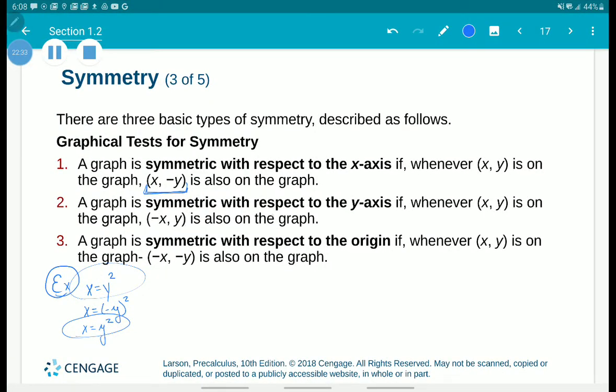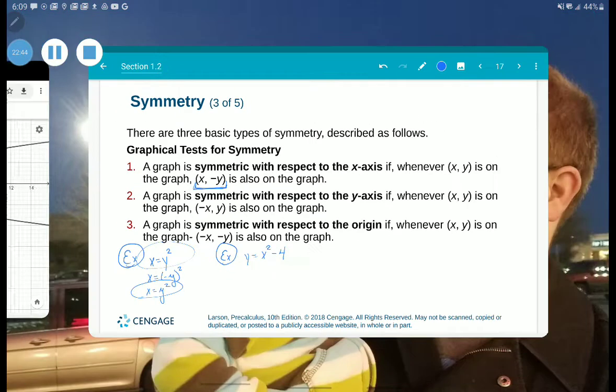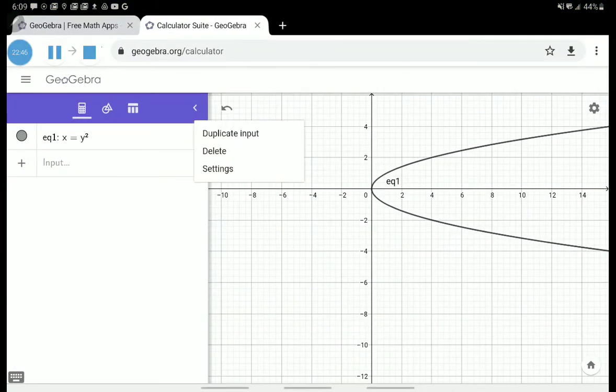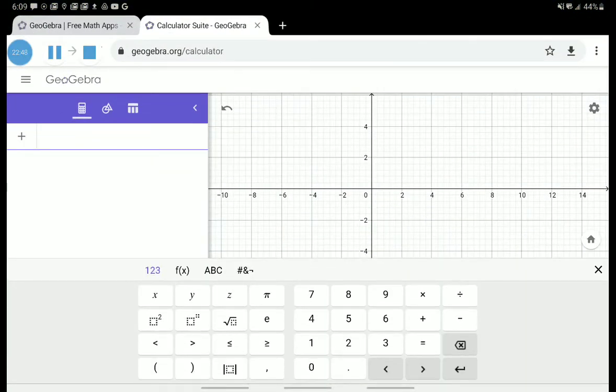If we talk about symmetry with respect to the y-axis, let's look at y equals x squared minus 4. So let's look at what would happen. I'm going to delete and type in my new equation. There's my graph. So we can see there's definitely symmetry with respect to the y-axis. If we were to fold this along the y-axis, the left and right hand sides would match up.